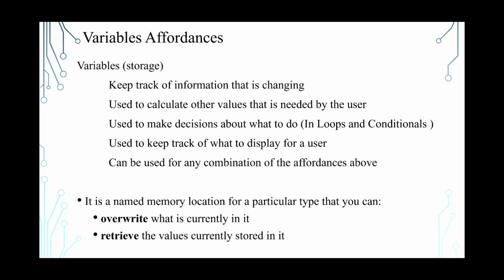So the main operations of variables, which are a named memory location of a particular type, would be to override what is currently inside of that location or retrieve the values currently stored in that location.